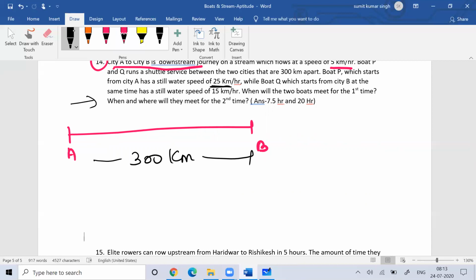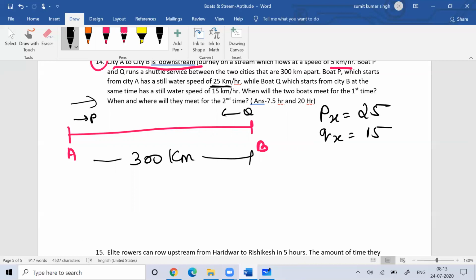While boat Q will start from B, and it has a still water speed of 15 kilometer per hour.